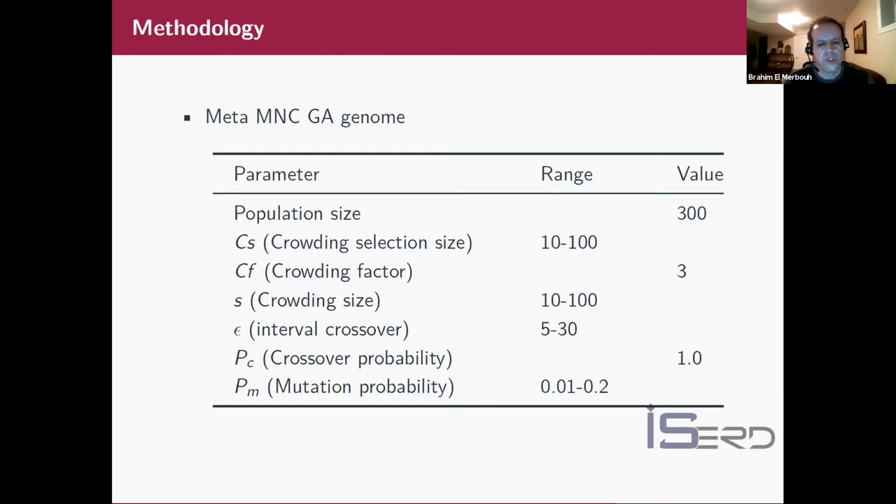Mainly the first 2 are a crowd-in selection size and crowd-in size, which are used in the selection phase and in the replacement phase. The last 2 parameters, interval crossover and mutation probability, are used in the genetic operation phase.